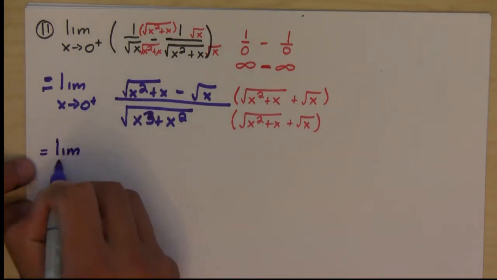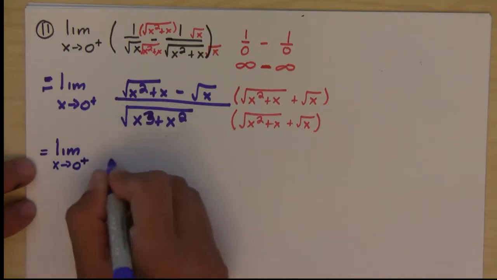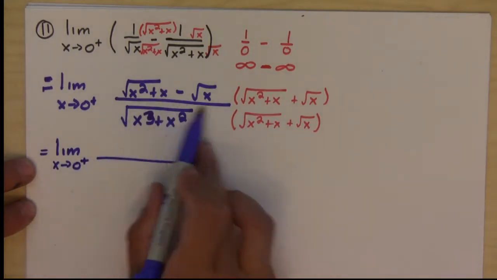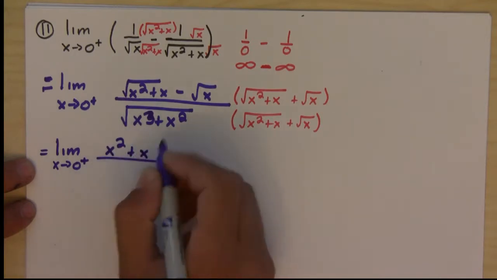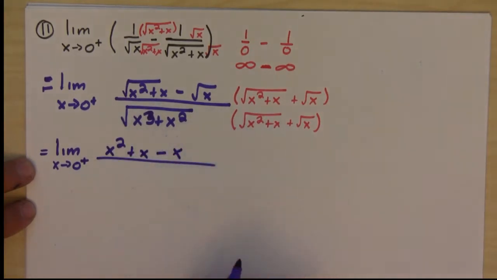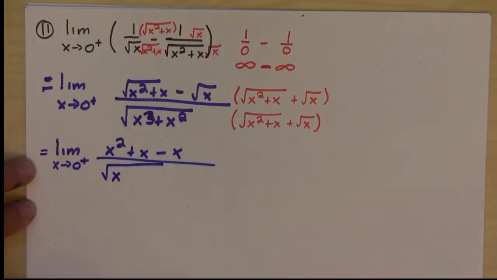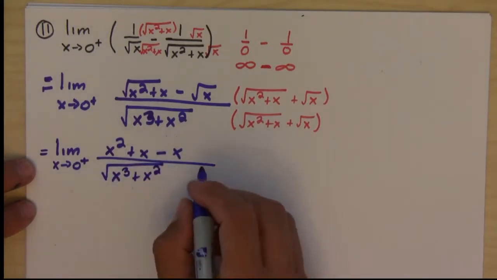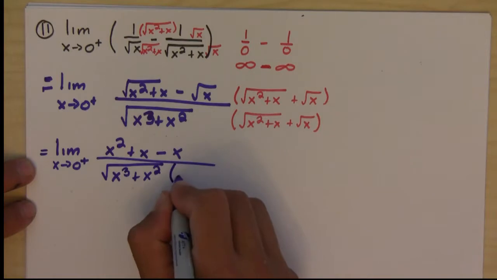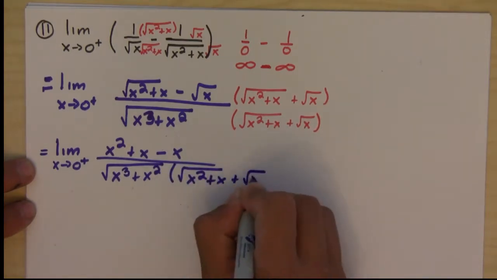And that would give me, on the numerator, x squared plus x minus x. And on the denominator, I'm just going to have square root of x cubed plus x squared times square root of x squared plus x plus square root of x.